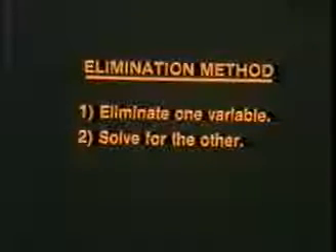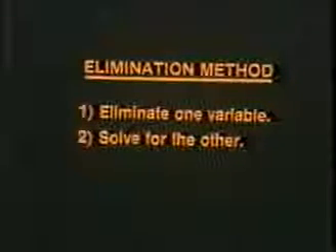What we want to do in this method is to combine the equations in such a way that one of our letters disappears, then find the value of the other one. That's easy. Let's see if we can handle a harder problem with the same basic approach. We want to make the x disappear, but in this case, simply adding or subtracting won't do it.